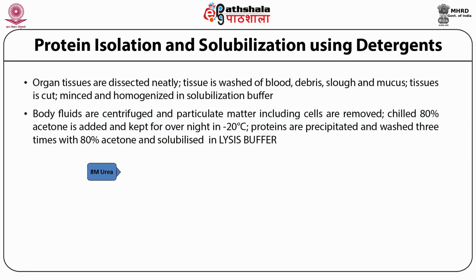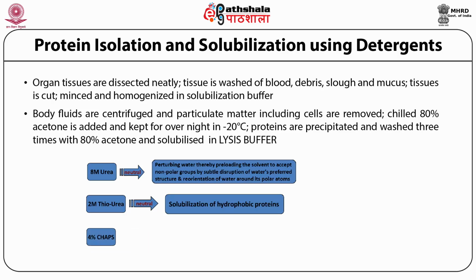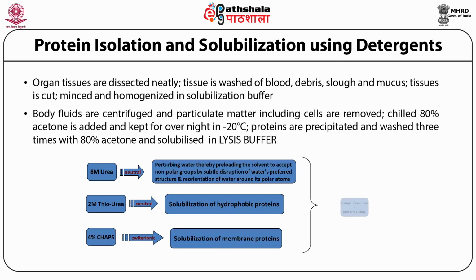Protein isolation and solubilization using detergents. Organ tissues are dissected neatly. The tissues are washed of blood, debris, slough, and mucus. The tissues are cut, minced, and homogenized in a solubilization buffer.